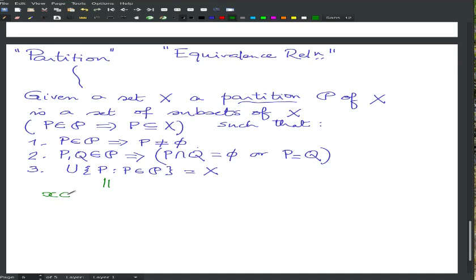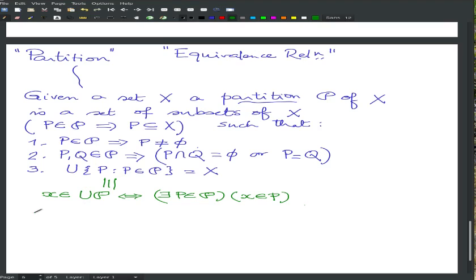We usually write it in this way, union of P. A big U followed by this set. What does this mean? There exists a P in script P such that x belongs to P. Okay? So this is the definition.